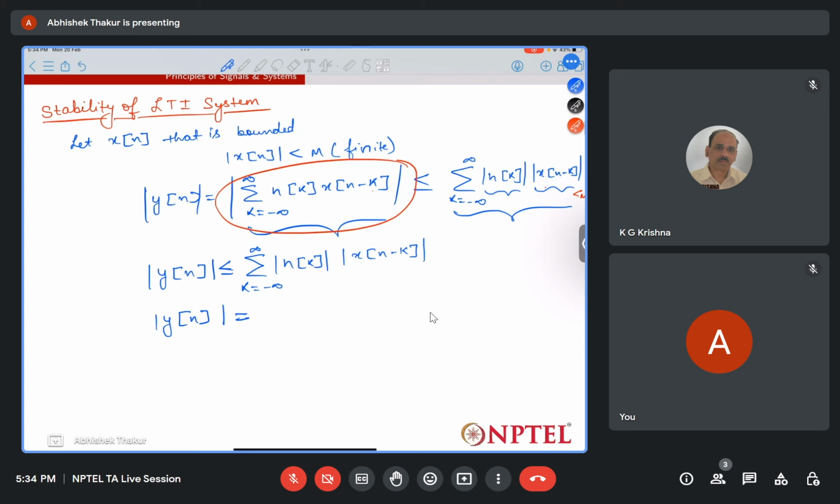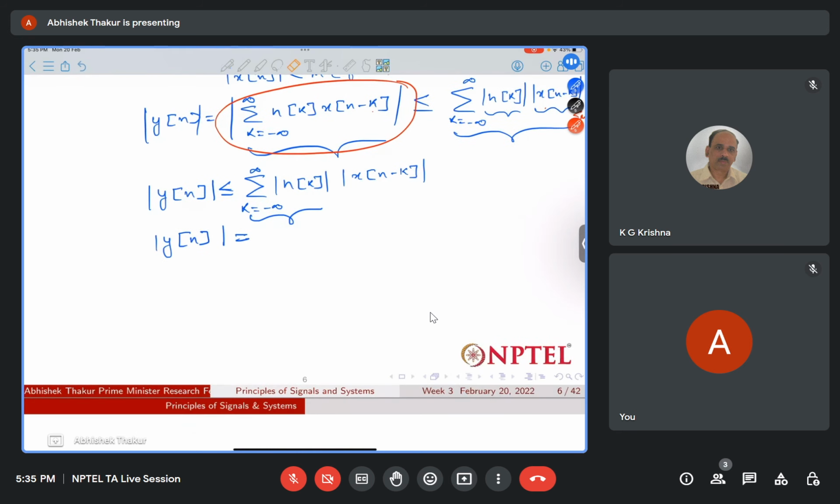So we just have to prove that the summation of h[k] is less than some constant value, some finite value. Then the system is absolutely summable.